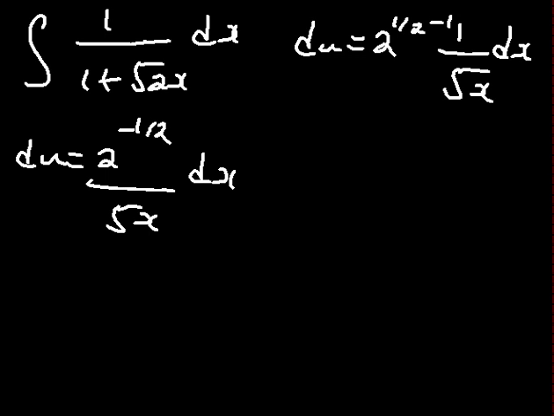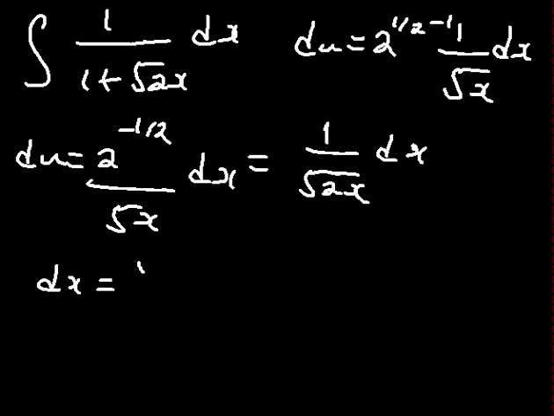Now that is the way to go, which is the same as 1 over the square root of 2 times the square root of x dx. So in this case dx will be given as the square root of 2x times du. So that is the dx in that case.